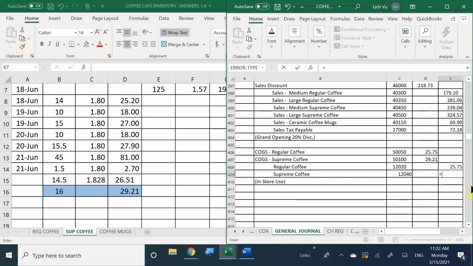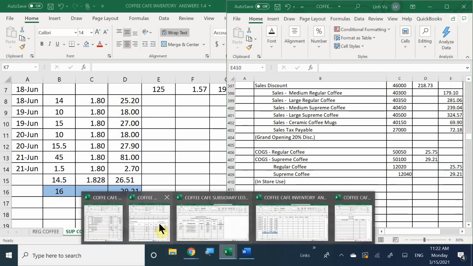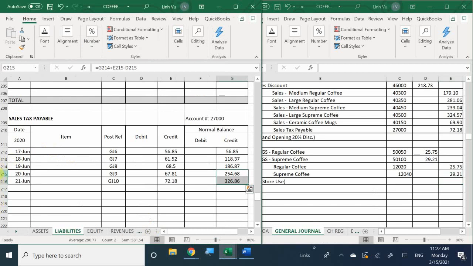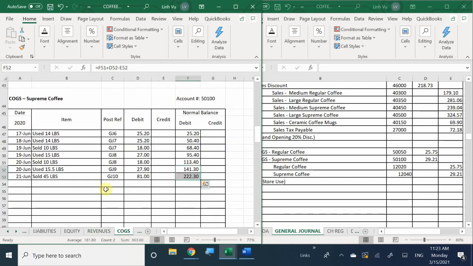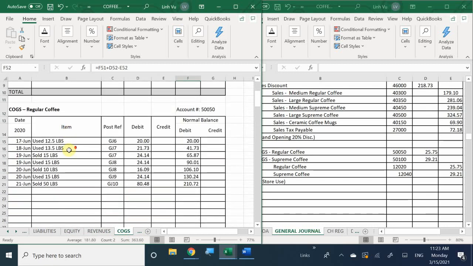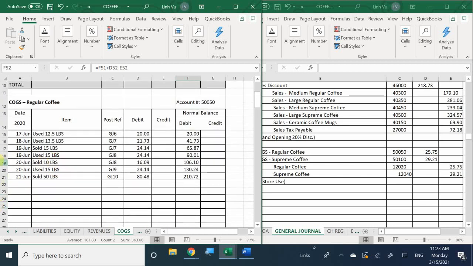So, what is next? Ledger. The ledger. Okay. So, cost of goods sold. Regular coffee. We used 16 pounds.